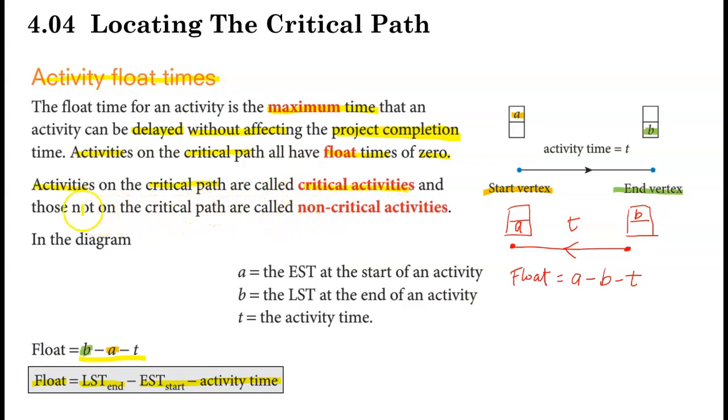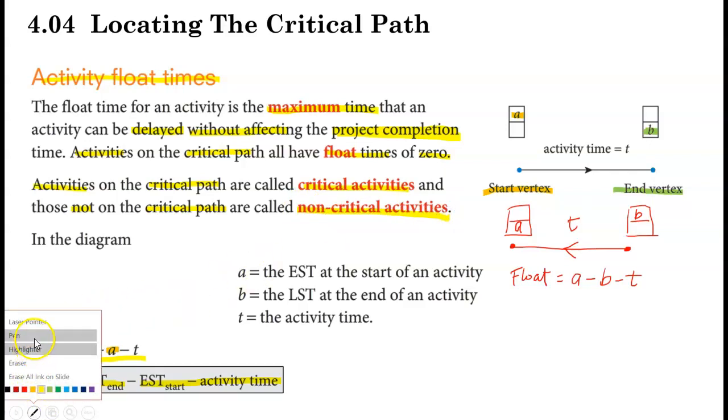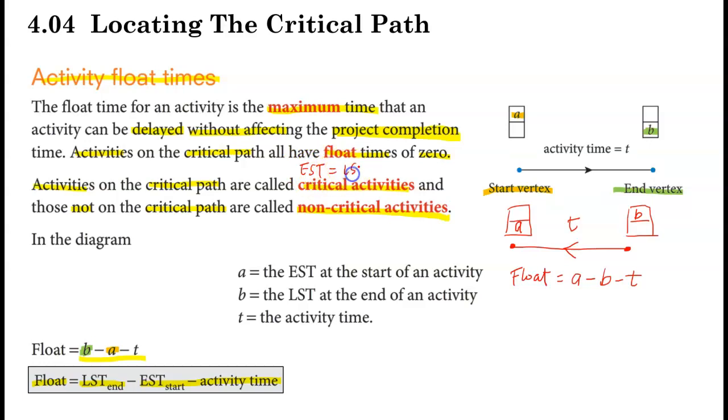Whereas those activities which are not on the critical path are what we call non-critical activities. Right, so from here, the critical activities, how are we going to recognize that? The EST value will be always the same as LST.